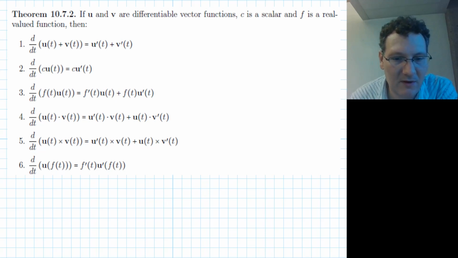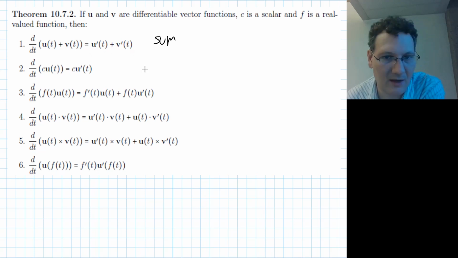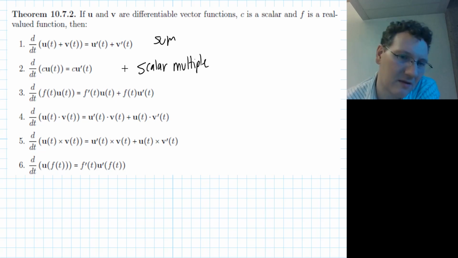The derivative of the sum of two vector functions is going to be the sum of the two derivatives. You can take derivatives separately. The derivative of the scalar multiple of a vector function is going to be, you take the scalar, you can factor it out, and it's a scalar times the derivative.